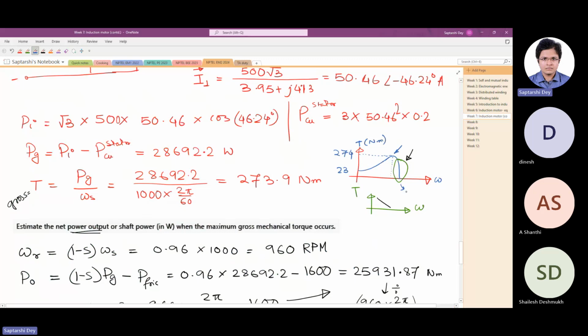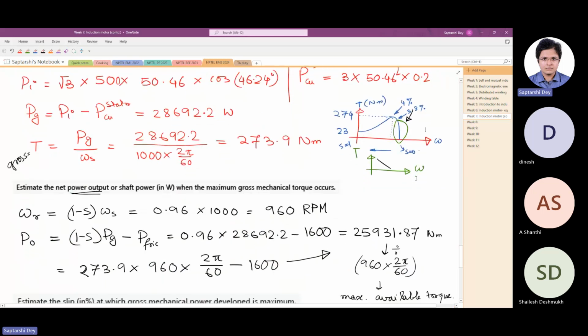Here we have slip equals 1. Here we have slip equals 0. So slip equals 0 is synchronous speed, slip equals 1. So slip increases in this direction. We had 4% slip here, maximum torque. Now maximum power happens somewhere less than that, 3.8%.